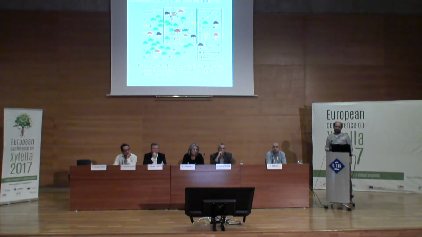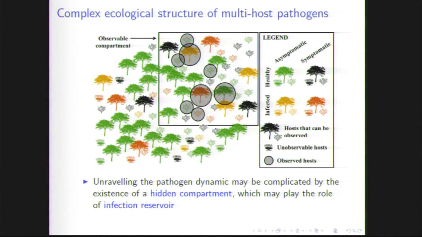In addition, as you know, Xylella is a multi-host pathogen, and in Corsica, it is in an environment which is quite complex, with many host species, which are quite fragmented host populations with wild, urban, and agricultural areas.